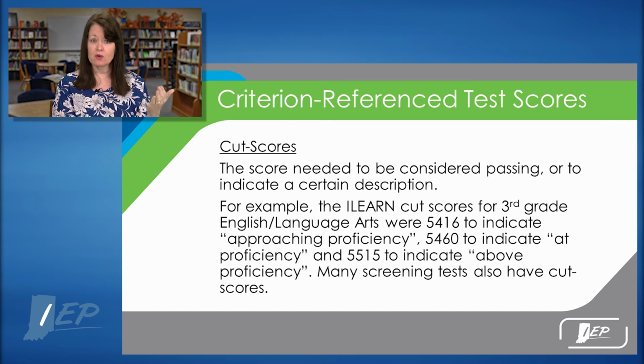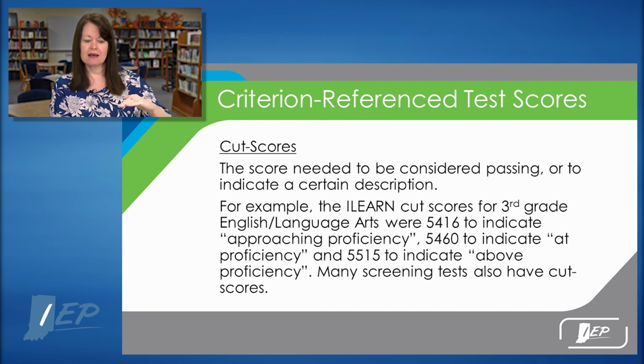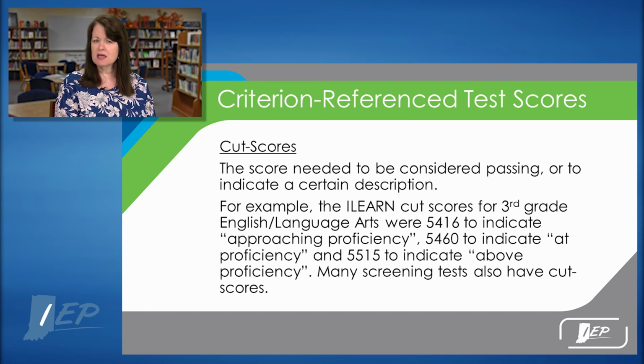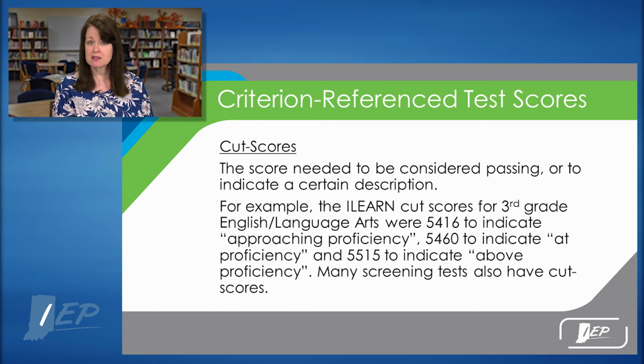Now, that is the bottom score in each of those categories to be recognized as within that category. So if you think about the way those scores are laid out, then anything between a 5416 and a 5459 is all the same category of approaching proficiency. So again, it just tells us in what category you fall. And we tend to see a lot of cut scores used for screening type tests that say as long as you at least hit this number, we think you're doing okay.